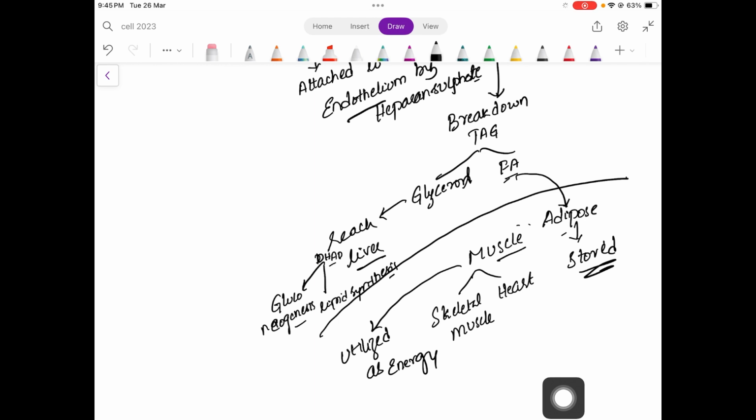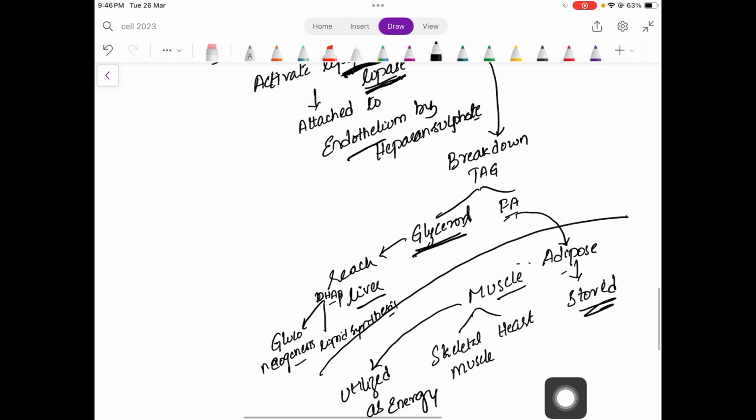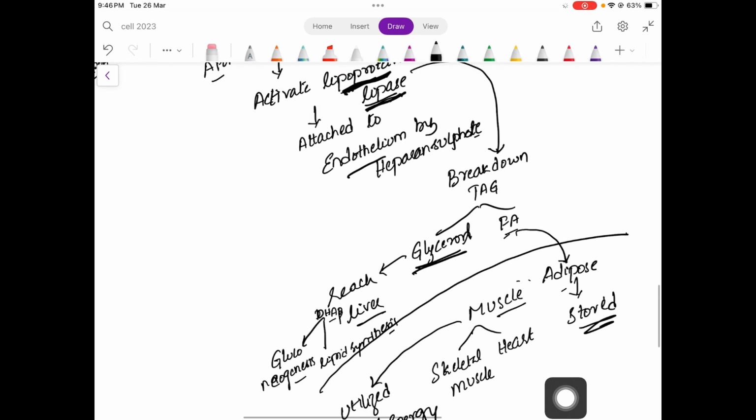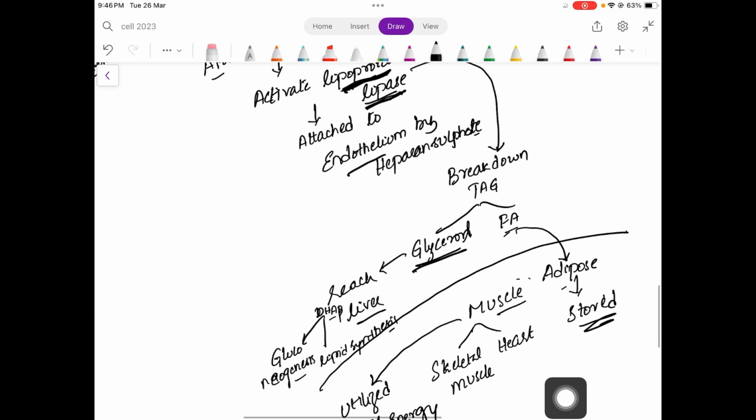Both can be done. Okay, this is the fate of glycerol whenever it reaches the liver, either gluconeogenesis or lipid synthesis.